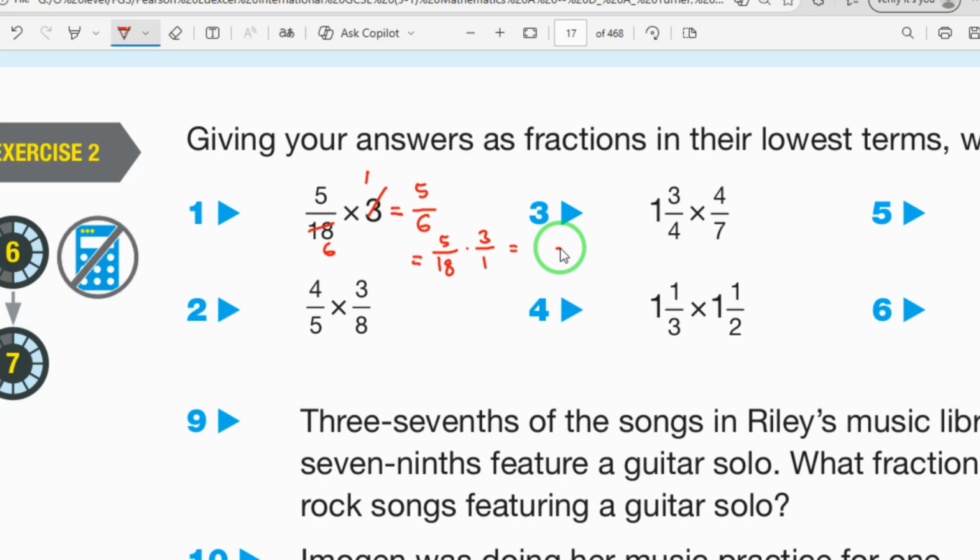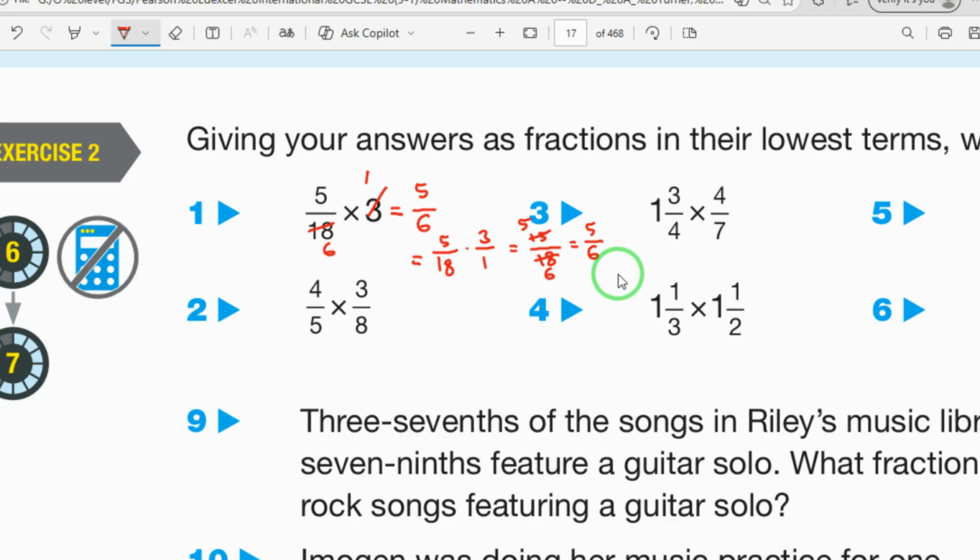So here you also can first multiply 3 times 5 is 15 and 1 times 18 is 18. Now you can simplify or divide both the numerator and denominator by 3. 5 times 3 is 15 and 6 times 3 is 18. So the final answer is 5 over 6.